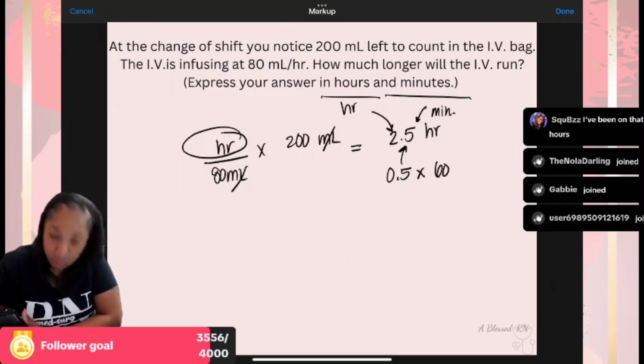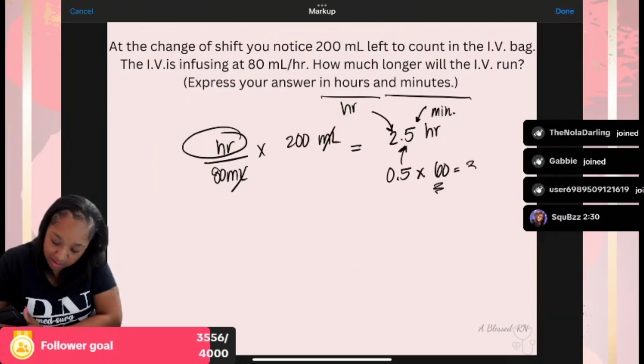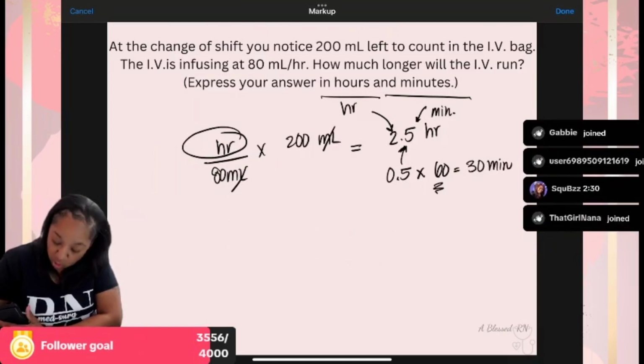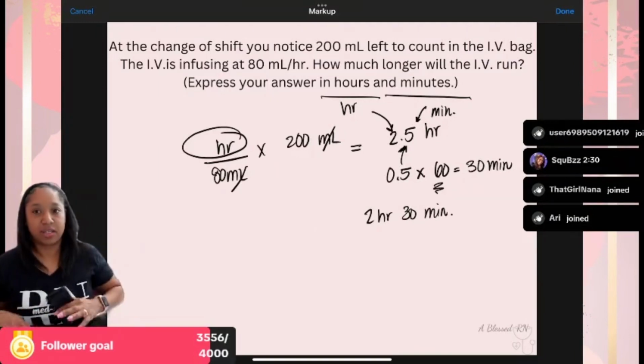We know there are 60 minutes in an hour, so that is why we are multiplying by 60. That's going to be 30 minutes. So in 2 hours and 30 minutes, you can unhook your patient and they can stop messing with their IV.